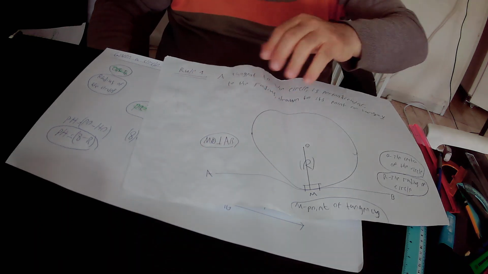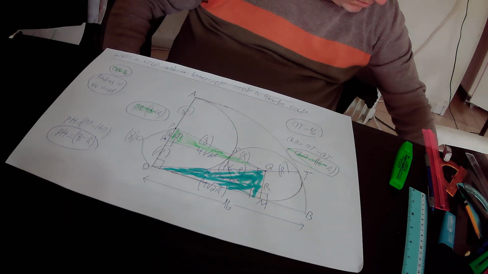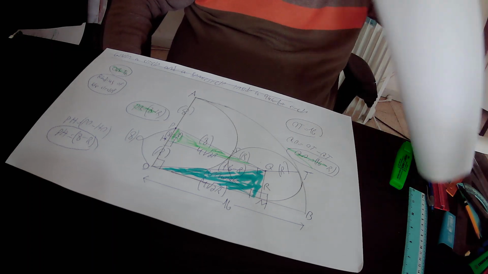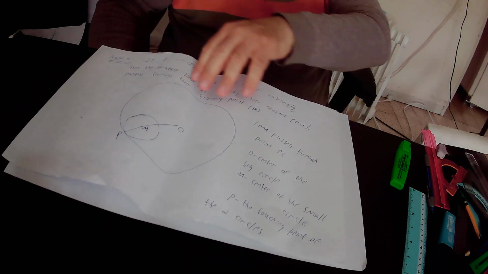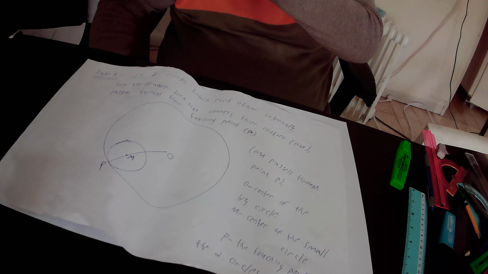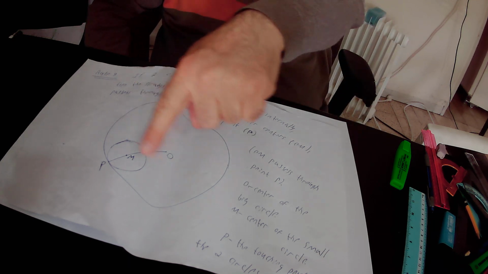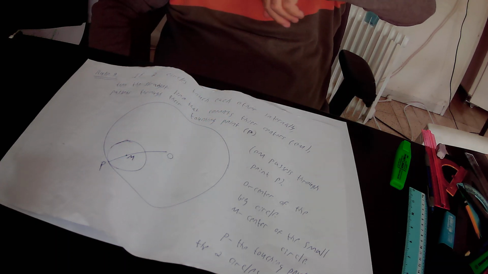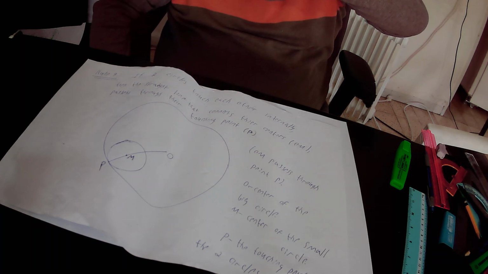According to rule 9, if two circles touch each other internally, the small circle touches the big circle here at this point, point P. Point P is the point of tangency of the small circle with the big circle.